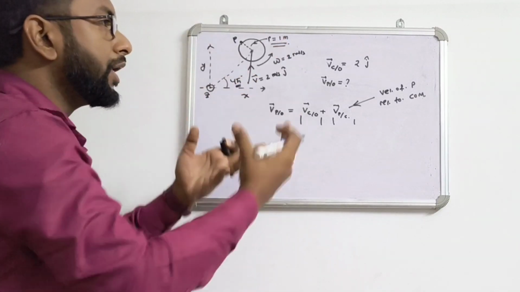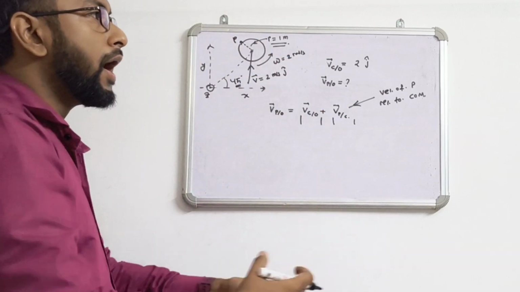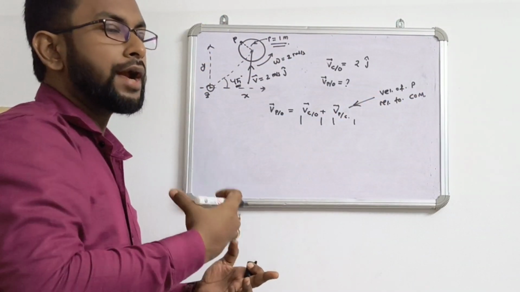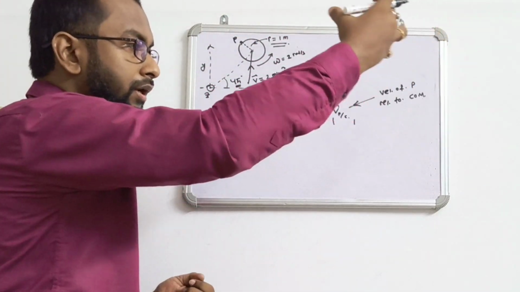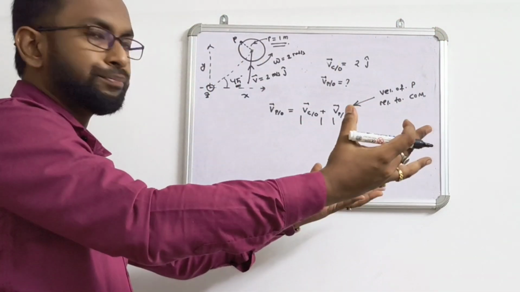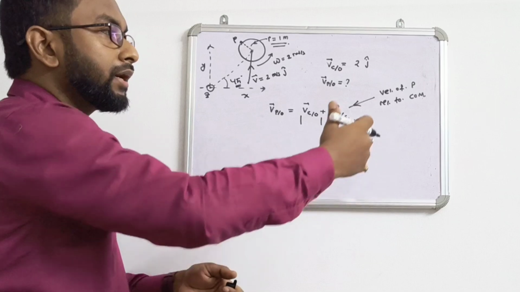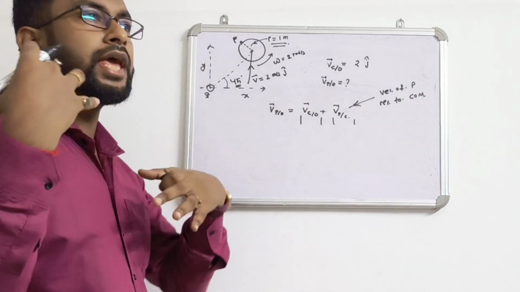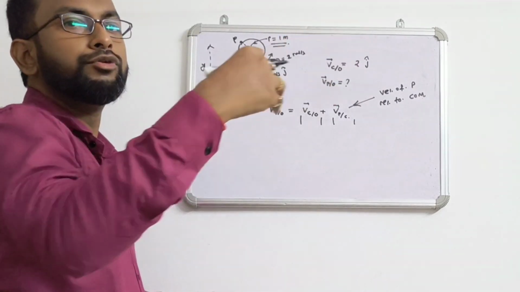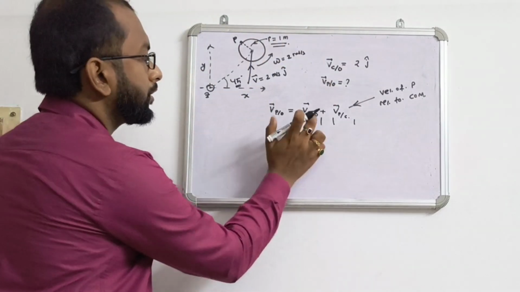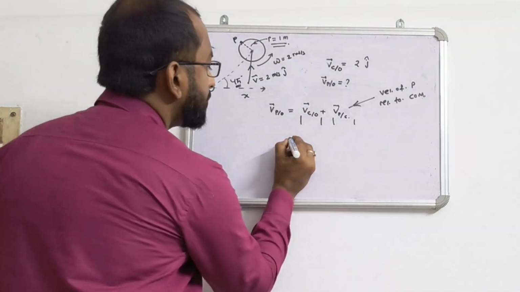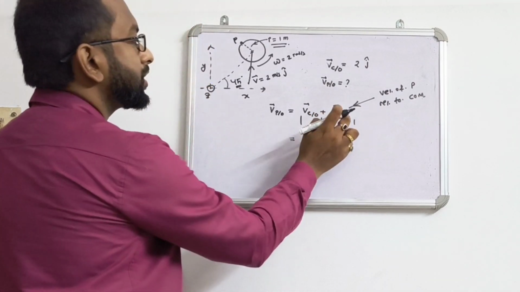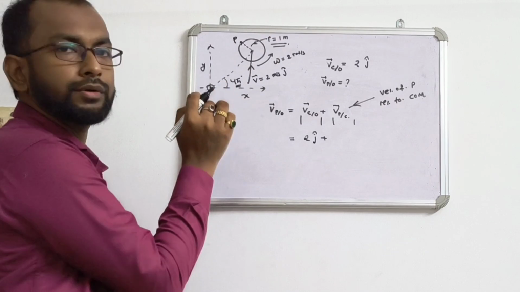I am already inside a moving system, seeing how the other point is moving with respect to me, and somebody standing outside on the ground will see that my velocity is getting added to the velocity with which I see that particle moving with respect to me. This first one is already known, that is 2j. Now this is unknown. We have to find out this one.